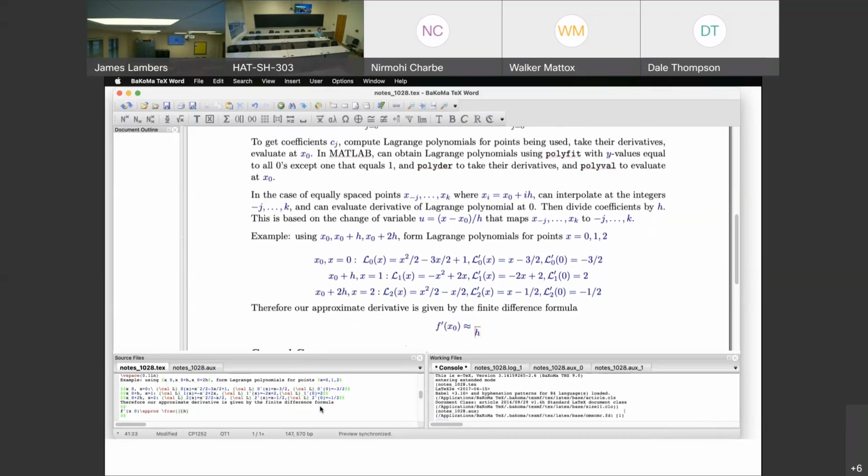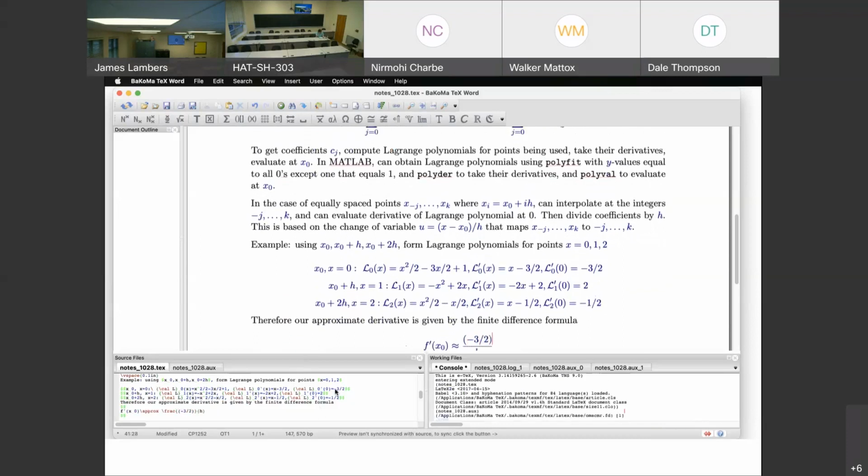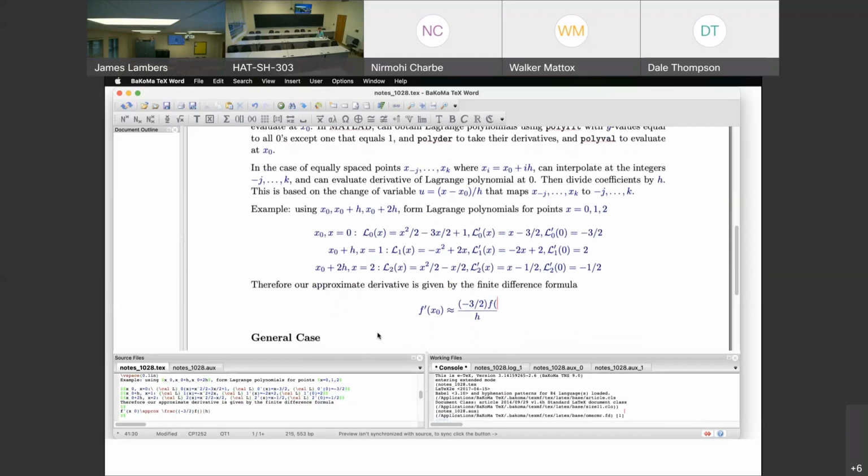So we take our coefficients: minus 3/2 times f of x naught, plus 2 f of x naught plus h, minus 1/2 f of x naught plus 2h.